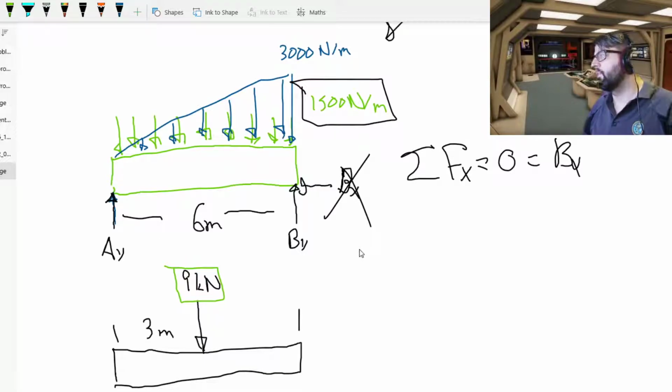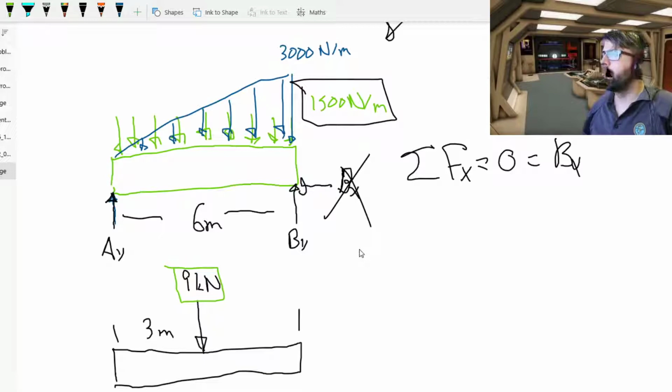So that's going to be our 3000 newtons per meter times the 6 meters divided by 2, which will also work out to be 9 kilonewtons, because we're multiplying by the same length. So we've also got 9 kilonewtons.